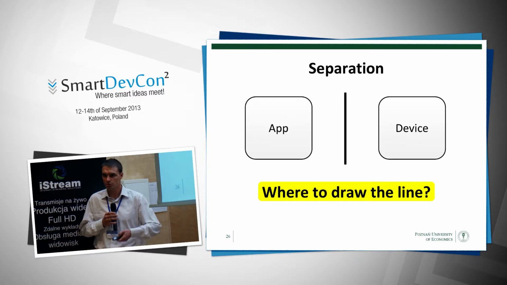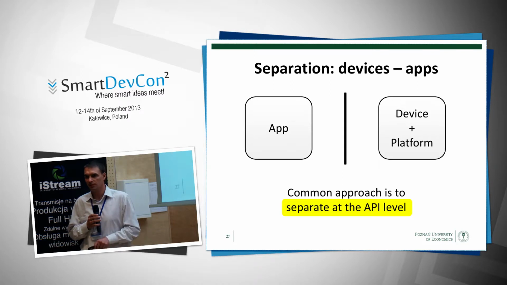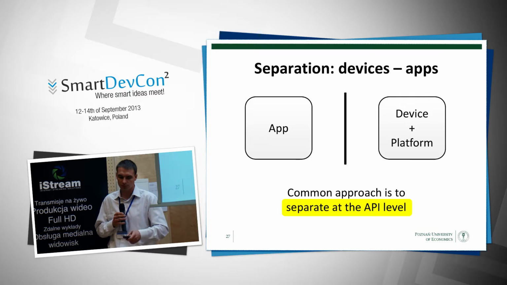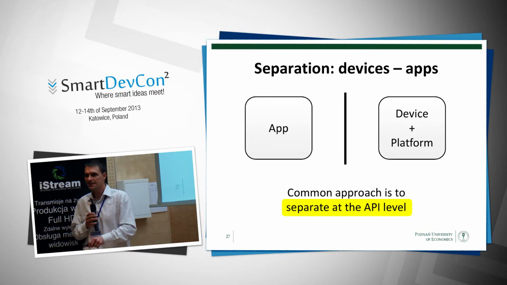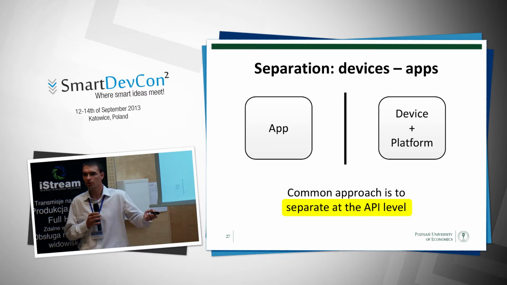Where to draw the line between applications and devices? The common approach used in existing solutions is to draw the line at the API level. On the one side, you have the application. On the other side, you have the device and the platform, which is used to actually execute the application. And we already know from what I showed you that this doesn't work very well.